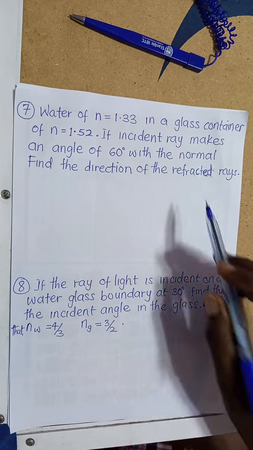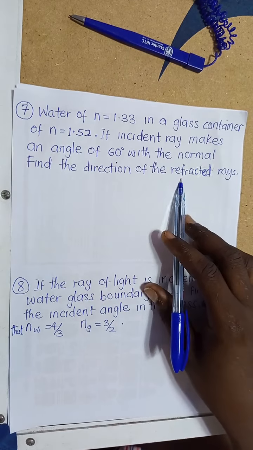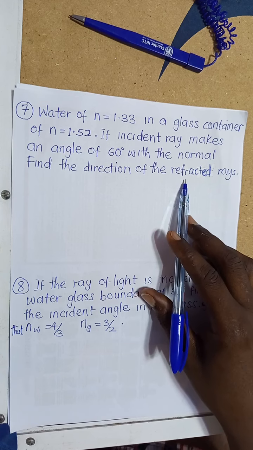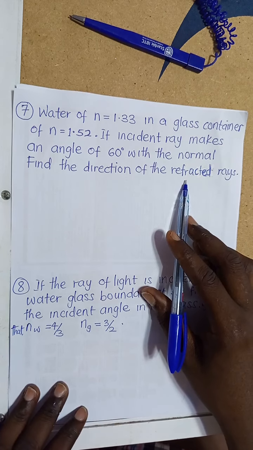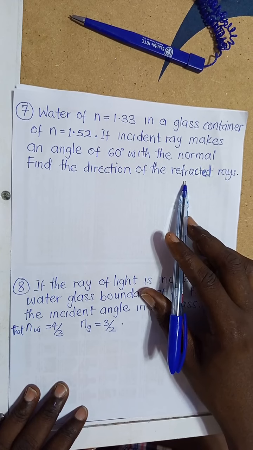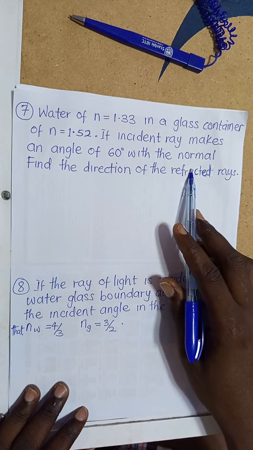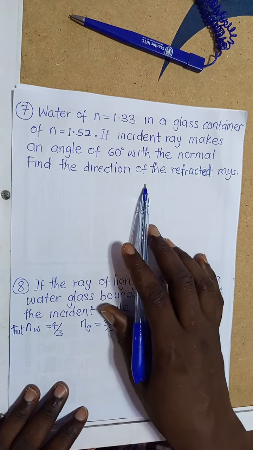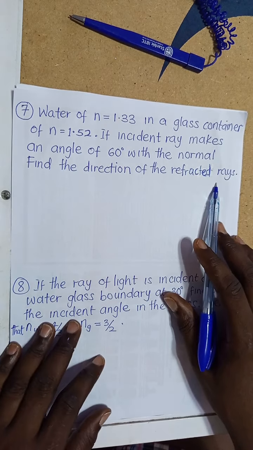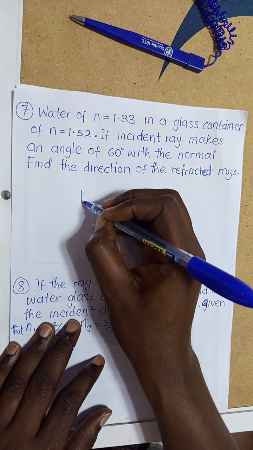Now the question was corrected because this is the refracted ray, not the reflected ray. So they said water of n equal to 1.33 in a glass container of n 1.52. If the incident ray makes an angle of 60 degrees with the normal, then find the direction of the refracted ray.